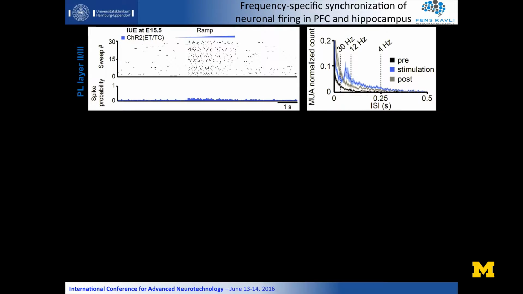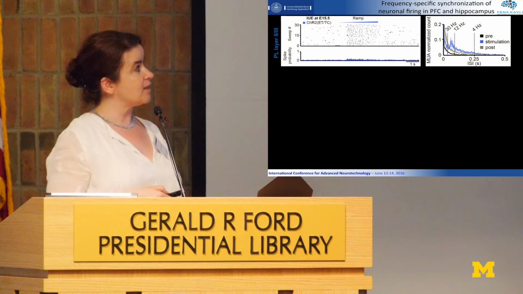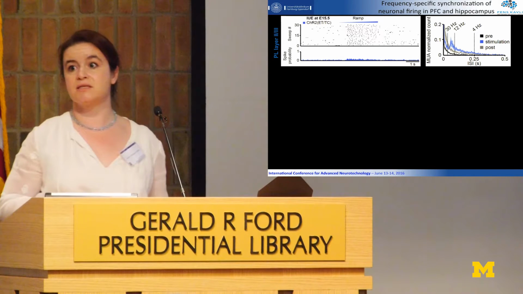This is multi-unit activity, but the same is true also for the single units. With normalized counting, we ended up with this picture. You can see that during the stimulation there is increased firing that persisted to a certain extent after stimulation, post-stimulation. What was very interesting was that we have here a clear peak at around 16 Hertz.